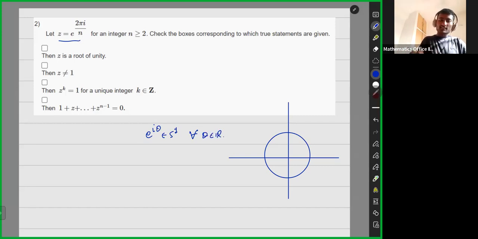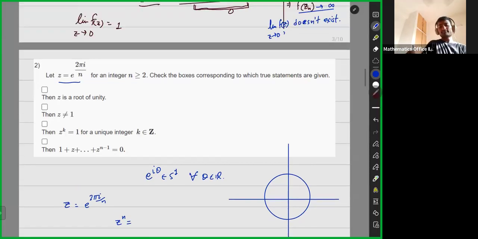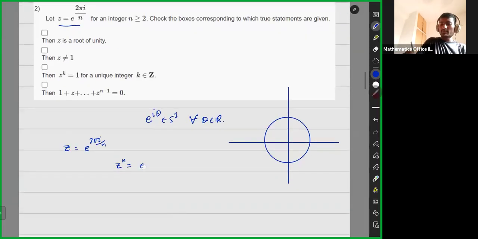Now where are these? Z is given, right? Z is e power 2 pi i by n. So what will Z power n be?